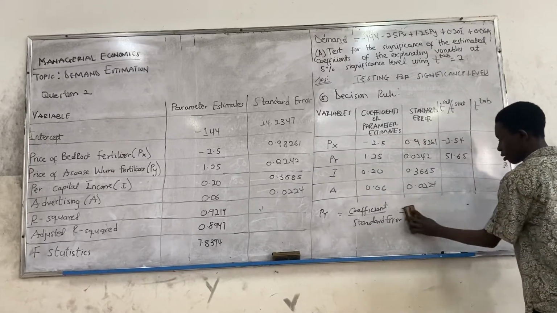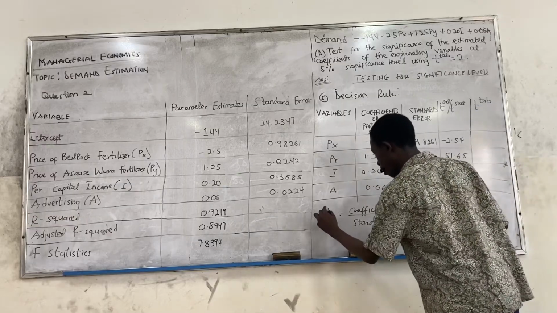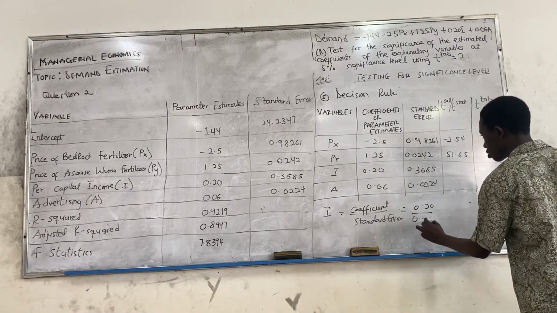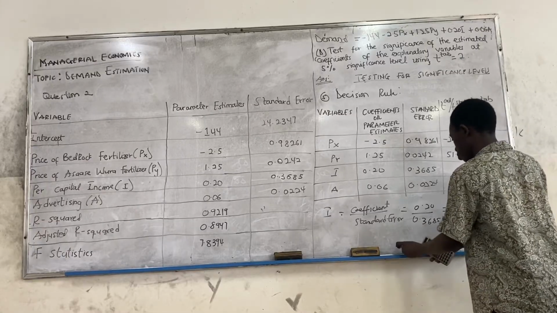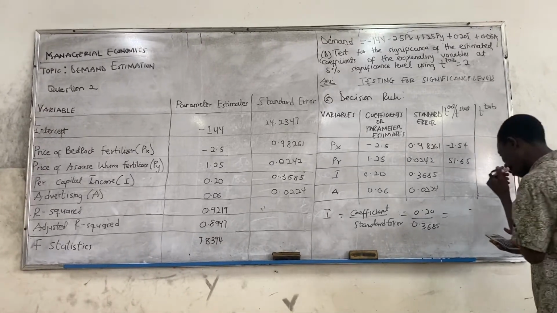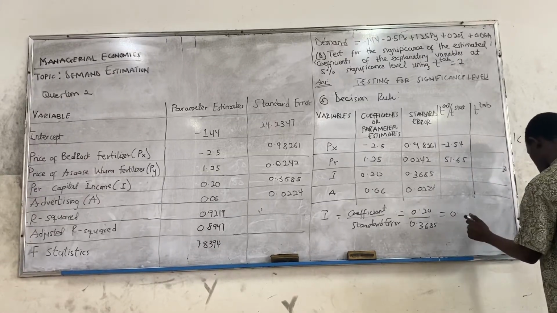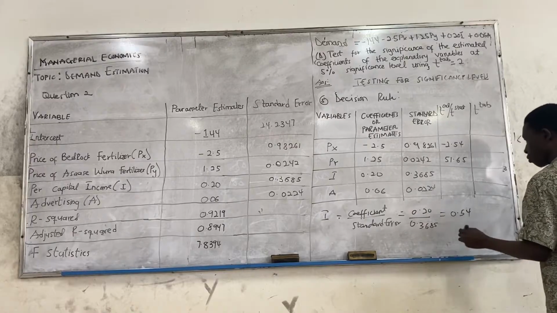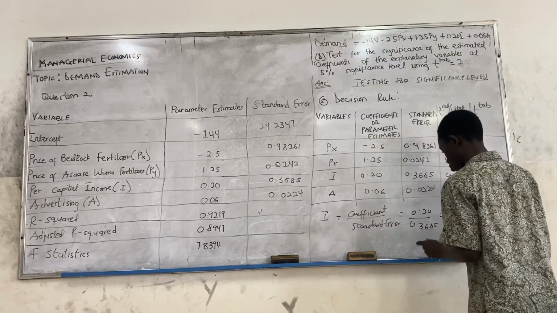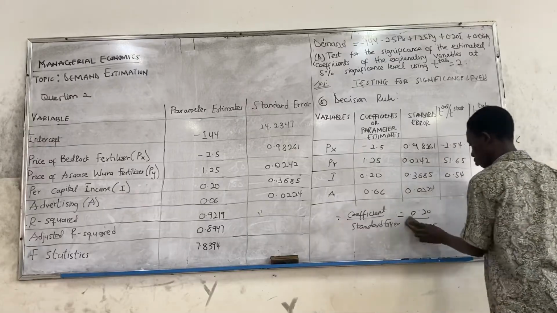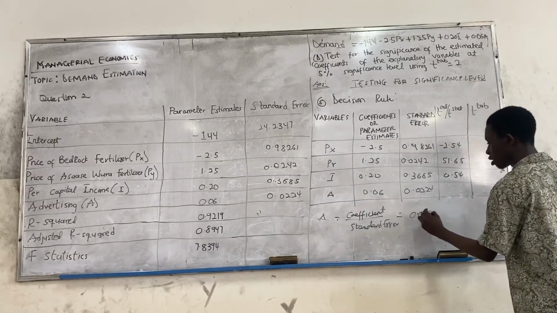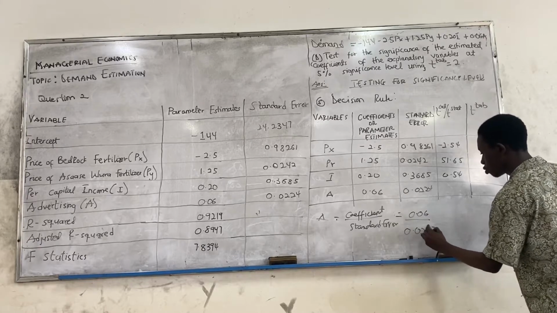Moving on to income: coefficient 0.20, standard error 0.3685, so income is 0.54. Then advertising: coefficient 0.06, standard error 0.0224.